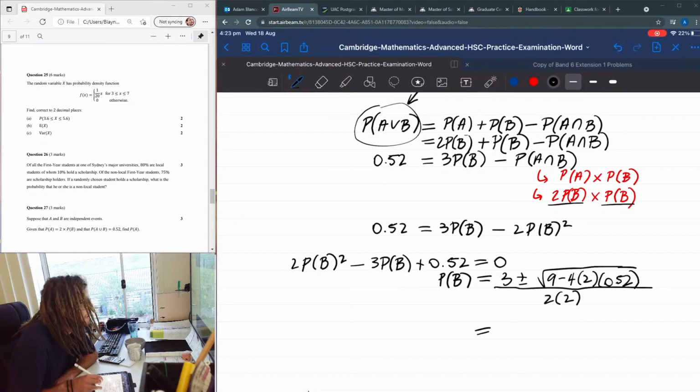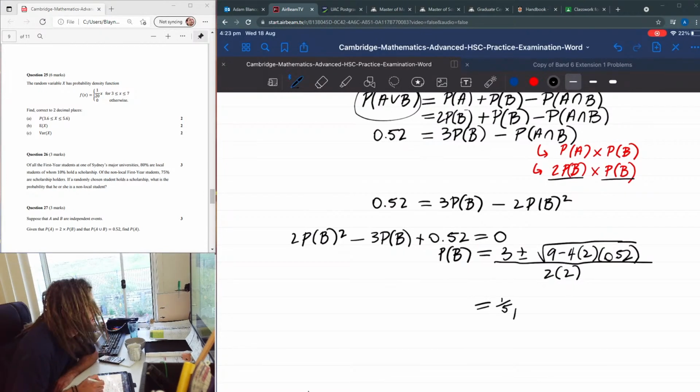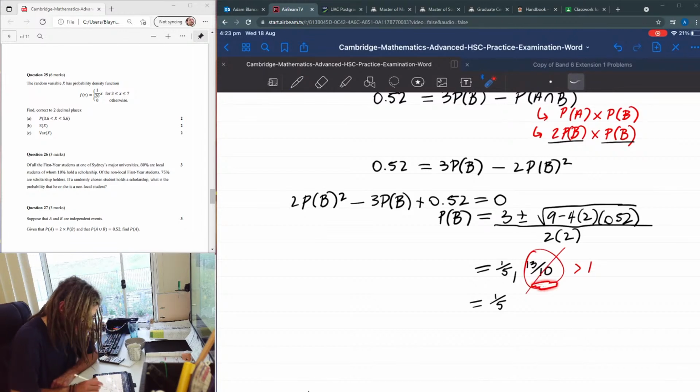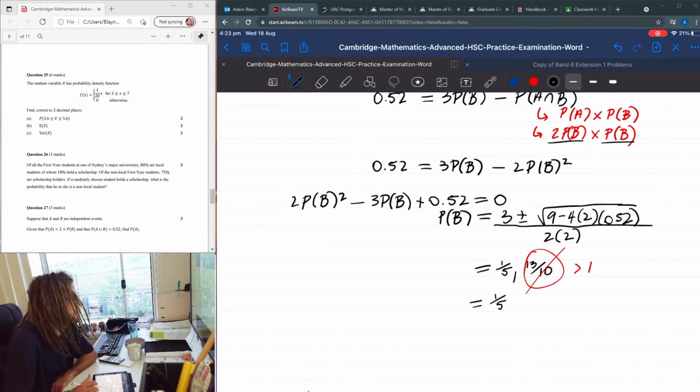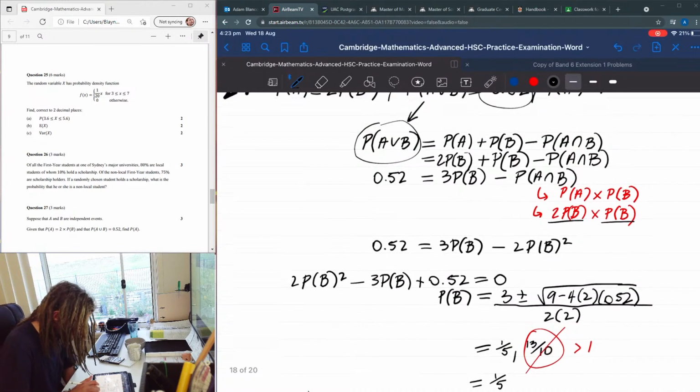Okay, when you do that, you end up with 1 on 5 and 13 on 10. Okay, now it can't be this because that's greater than 1. So I disregard that. So it's just equal to 1 on 5 because I'm looking at probability. A probability can't be bigger than 1, so that one makes no sense.